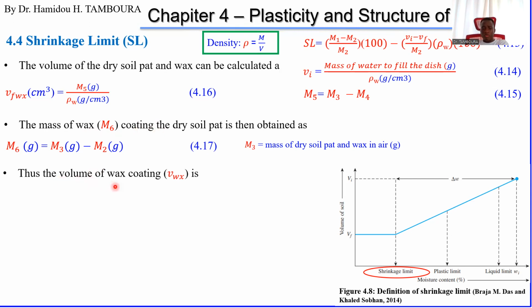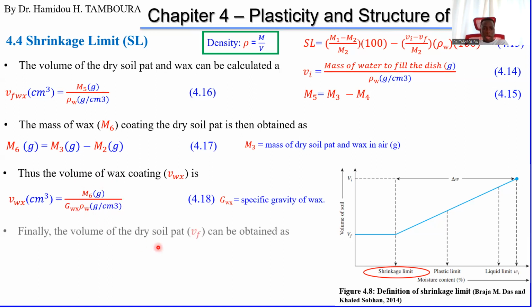After that, we go for the volume of that same wax coating the soil, VWX. That volume is obtained by using the mass of the wax divided by its specific gravity, multiplied by the density of water. So if we have this now, finally, we can obtain the final volume.